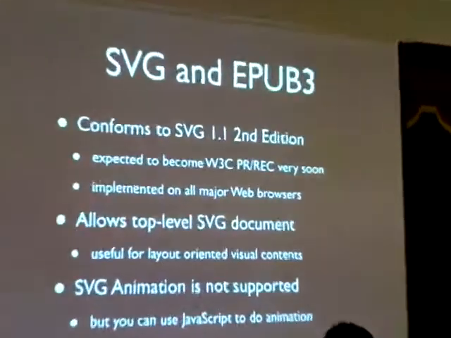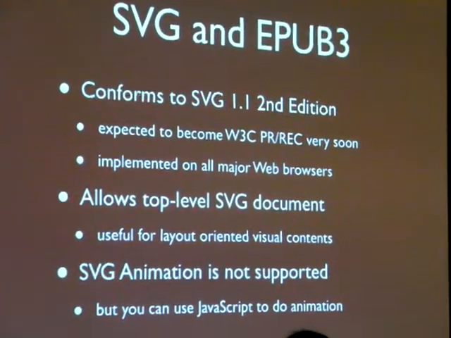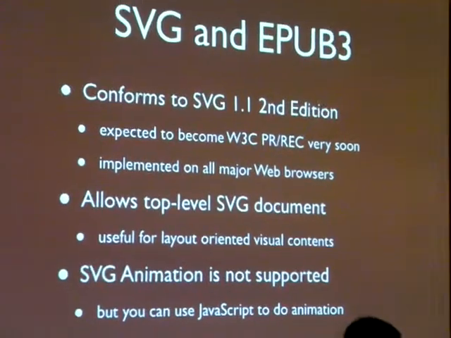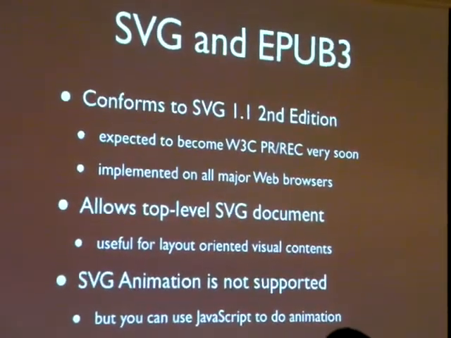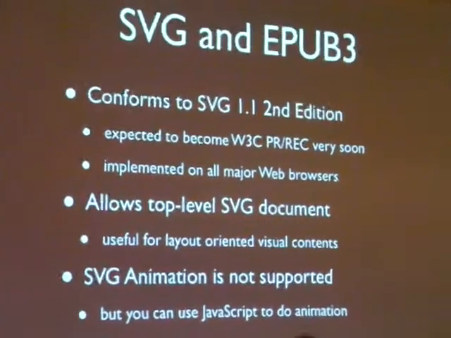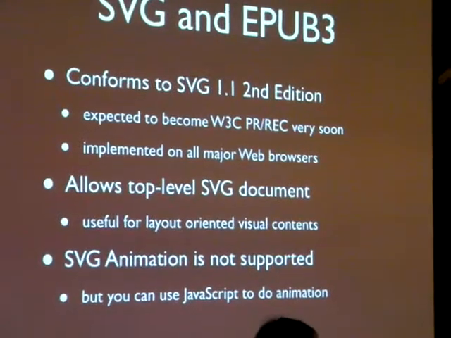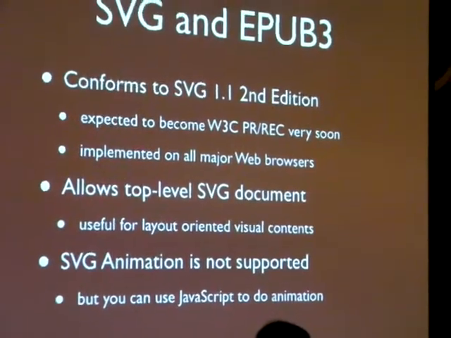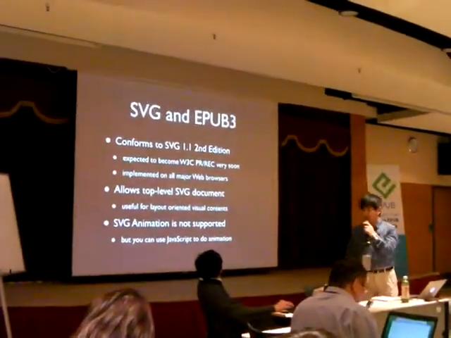The latest version of SVG is SVG 1.2, but most major browsers support SVG 1.1 second edition. So that's the reason we suggested the EPUB working group reference this specification, and we are very happy with their decision.